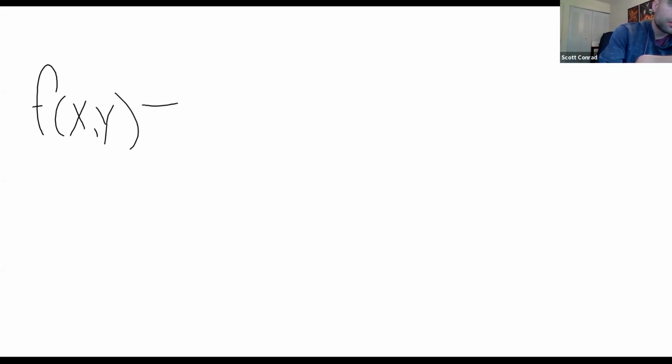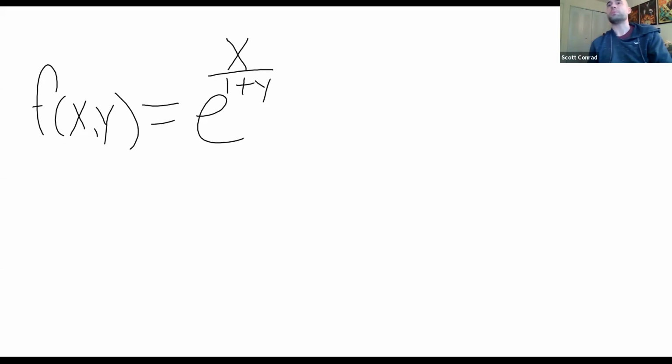Let's say we have e to the power x over 1 plus y. Is it clear what I mean here? So this x over 1 plus y is the power of e. So it's e raised to that power.